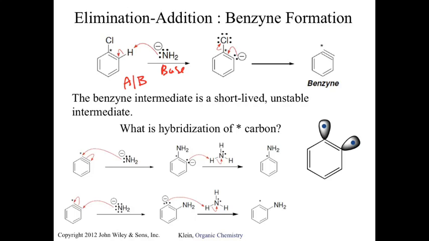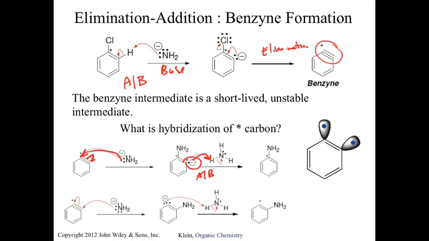That then does an elimination step to kick out our leaving group. We now have formed our benzyne. Once we have the benzyne, we can now do a nucleophilic addition, also a bit odd, to form our anion on our ring, which can then pick up a hydrogen in an acid-base reaction.